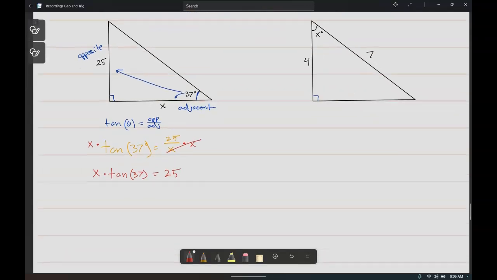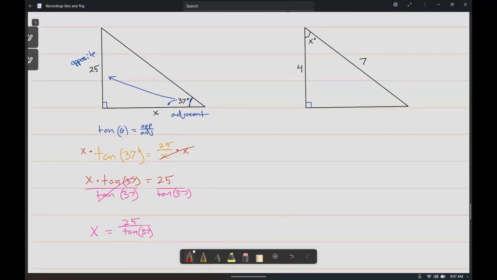The last thing to do to isolate x is to divide both sides by tangent of 37. This leaves us with the expression that x is equal to 25 divided by tangent of 37. Then we can use our calculator in order to evaluate this, and we'll do that in a moment. Let's go back to the other one and write up another algebraic equation, and then we'll plug both of these in to solve.